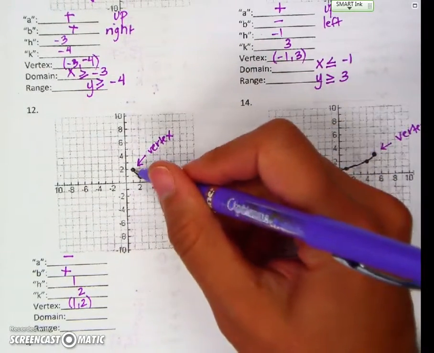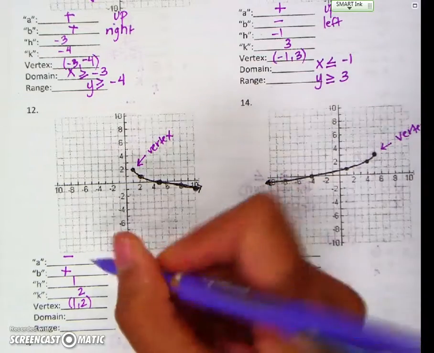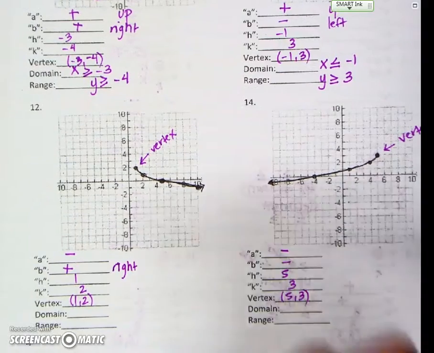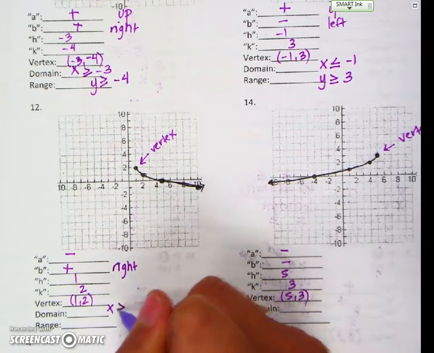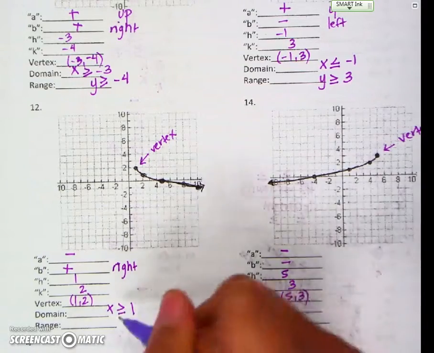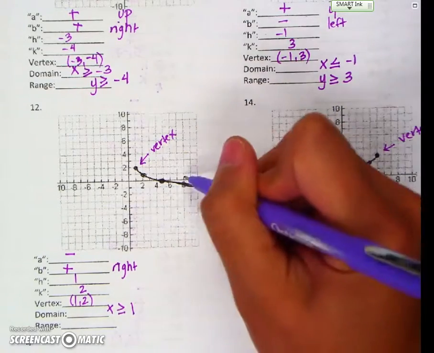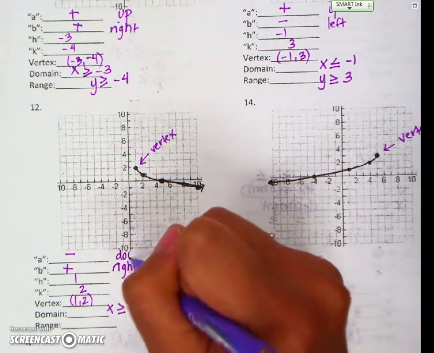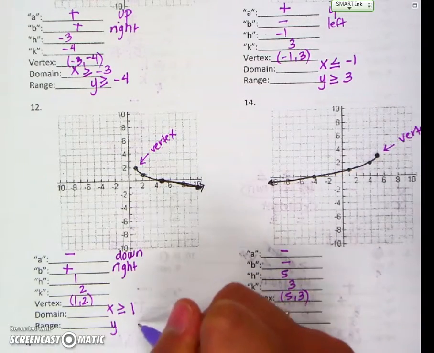Are my values going to the left or going to the right? My x values are going to the right, so that means that x is greater than or equal to 1. Is this graph going up or is it going down? Down, so that means that your y values are less than 2.